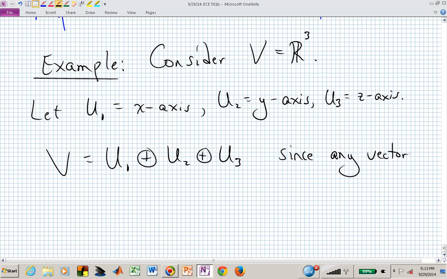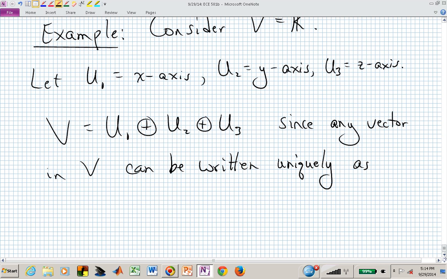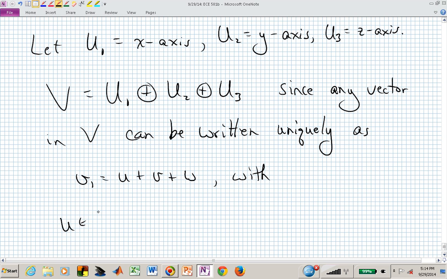Since any vector in V can be written uniquely as, let's say, some V1 equal to u plus v plus w, with u belonging to U1, v belonging to U sub 2, and w belonging to U sub 3.